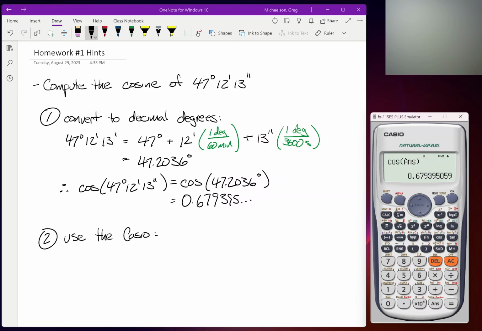So what you can do is say cosine of, and basically the input looks like this on the Casio. That's what those squares look like. So if I repeat this over here, cosine 47 degrees, 12 minutes, 13 seconds, you can see that same input, and again I get the same answer, 0.679395.